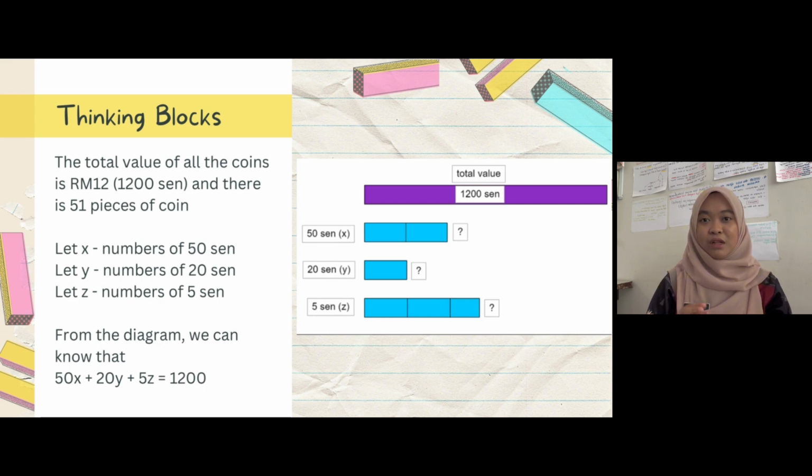Okay, next we will use blocks to represent each type of coin. Since the number of 50 cent coins is twice the number of 20 cent coins, we can use 2 blocks for 50 cent for every 1 block of 20 cent.